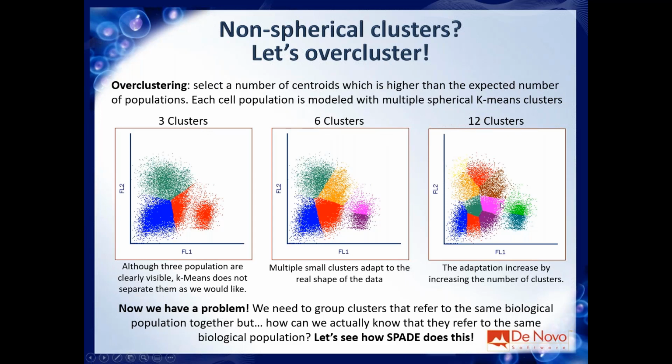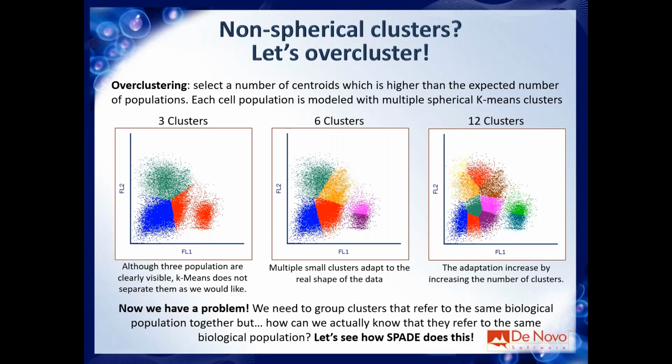And at the end, I will shape each population with a lot of small clusters. So this is the other cool thing about SPADE: using K-means, which is super fast, and increasing the number of clusters so that it still performs well with non-round populations. This actually also introduces an issue, but again, we already know the solution.